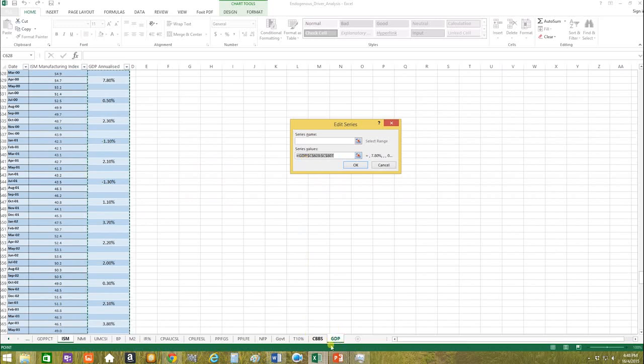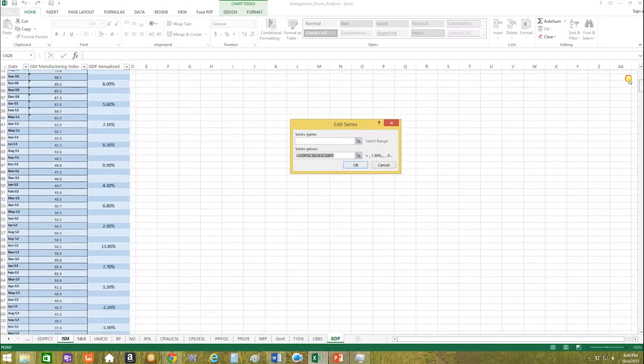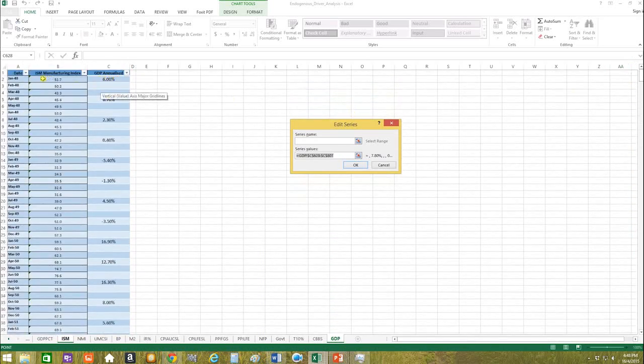And right at the end of our data series, right across the tab, we have our GDP annualized percentages. So we have them for ease, at the beginning and at the end of the sheets, so it can save you scrolling across a lot of the time. And you can see the data going all the way back to 1948.